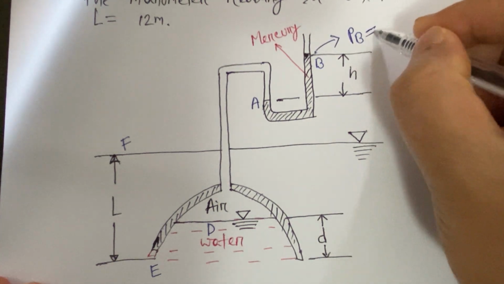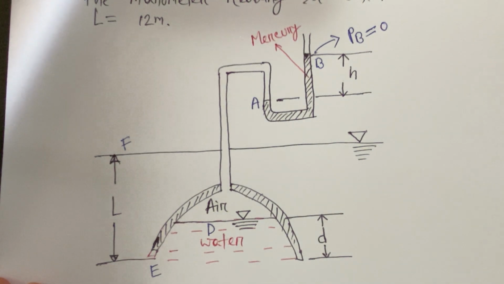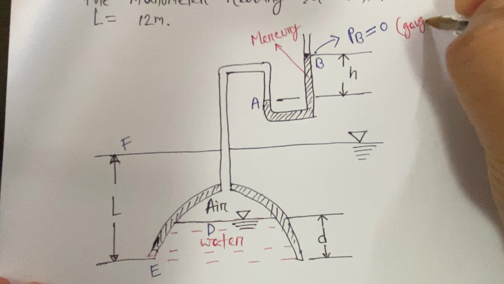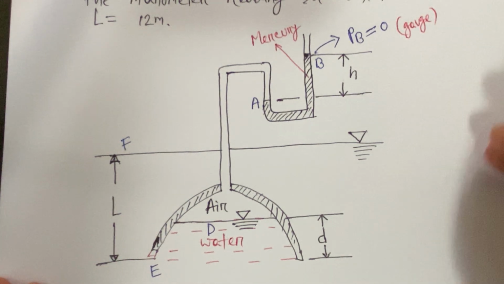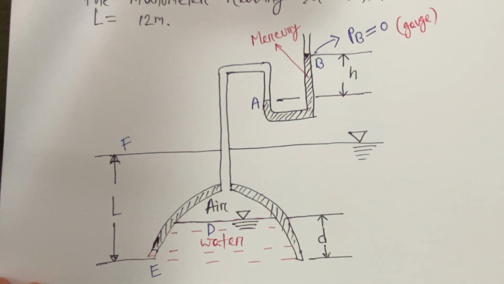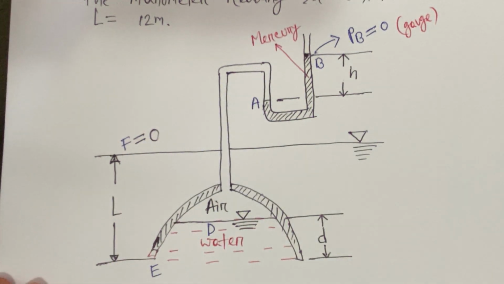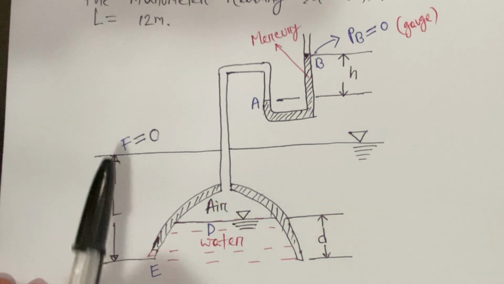We can say this is the zero pressure, because this is the gas pressure. So PB should be 0. Similarly we can say the pressure at this position A is also 0, because it is also the open surface.